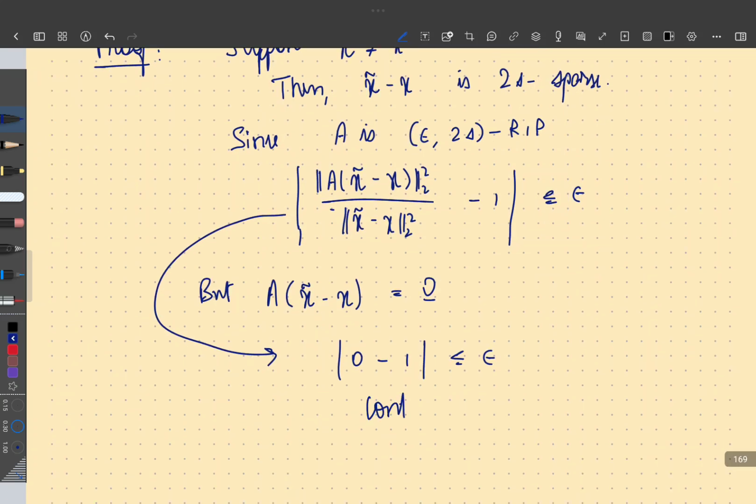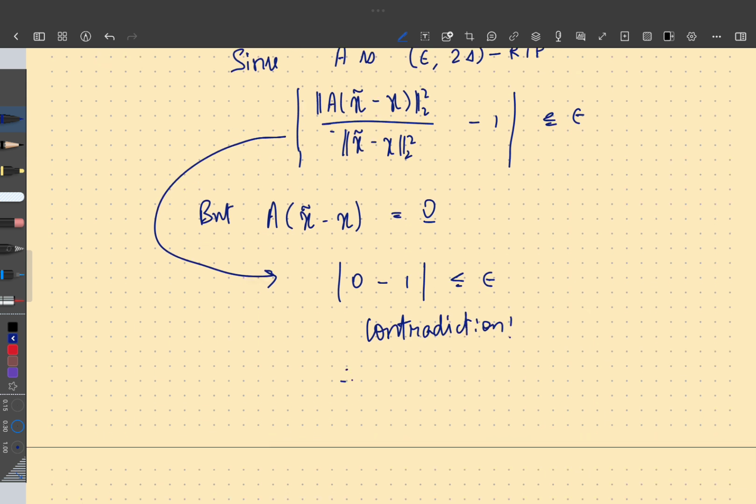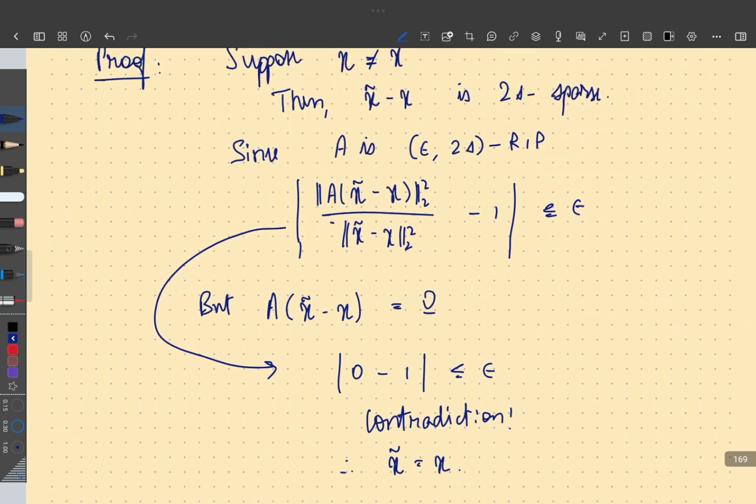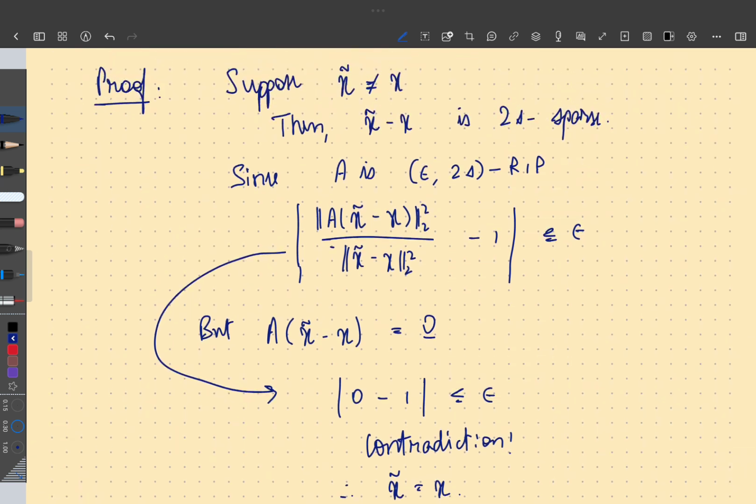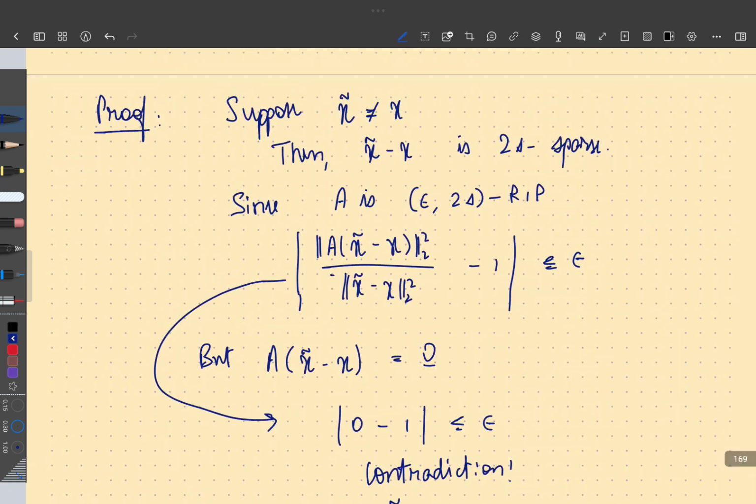This is a contradiction, and hence x tilde should be equal to x.